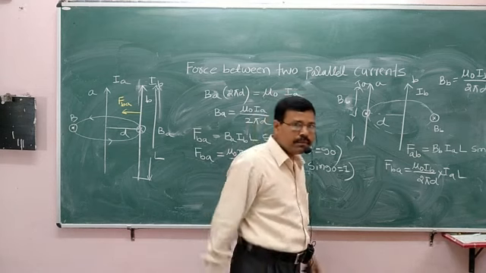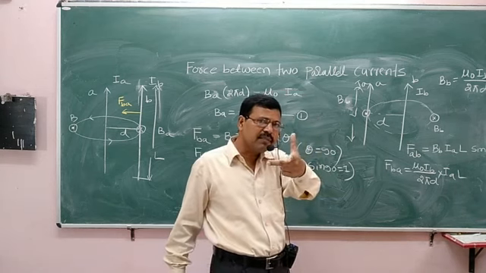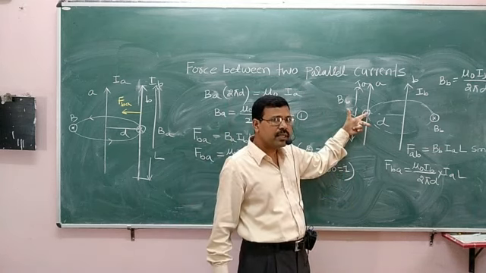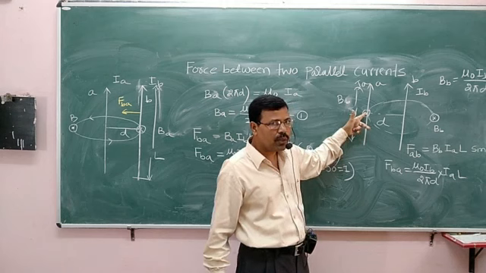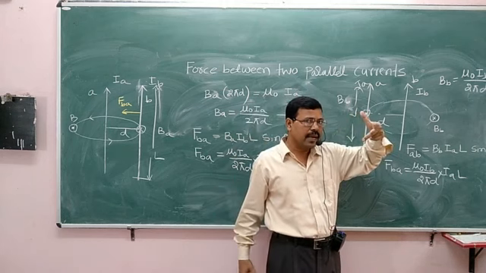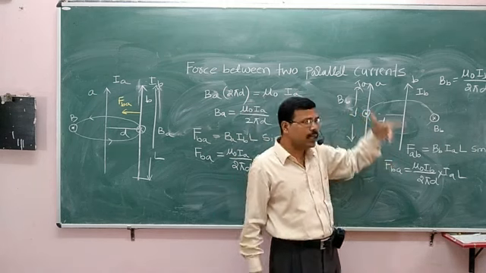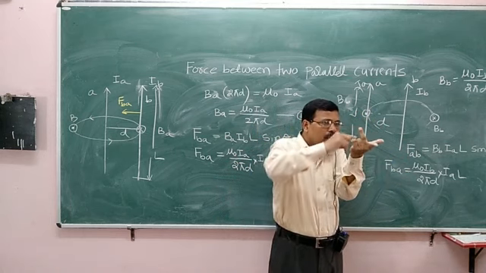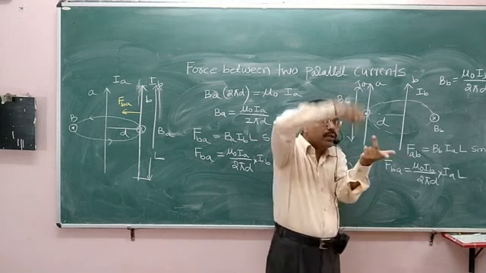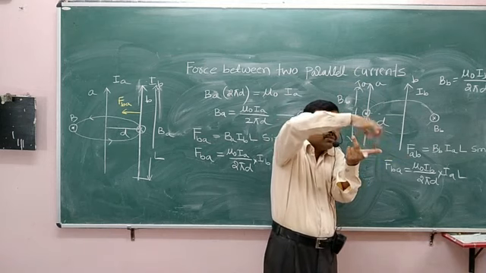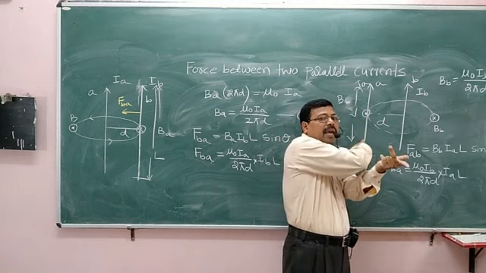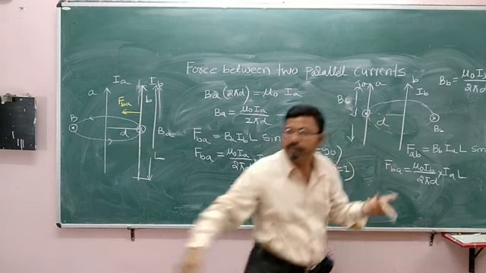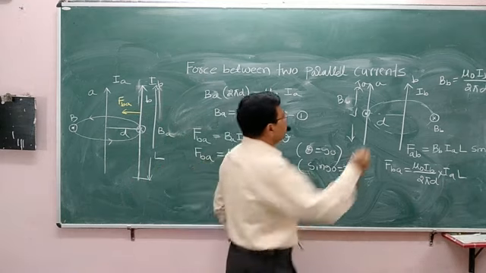We can hold the first three fingers of the left hand according to the situation. Here the magnetic field is coming out of the plane, and the current through the conductor is vertically upward. The direction of the force acting on A by B is towards B, like this.